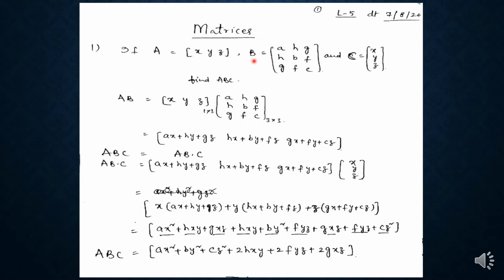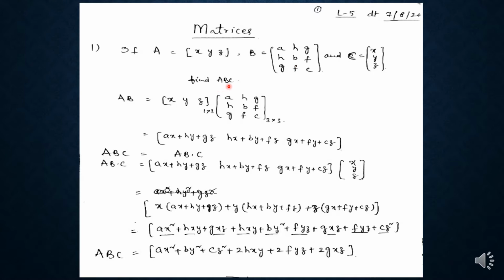The order of the second matrix is 3 by 3, and the order of the third matrix is 3 by 1. So A is the row matrix, C is the column matrix, and B is the square matrix.